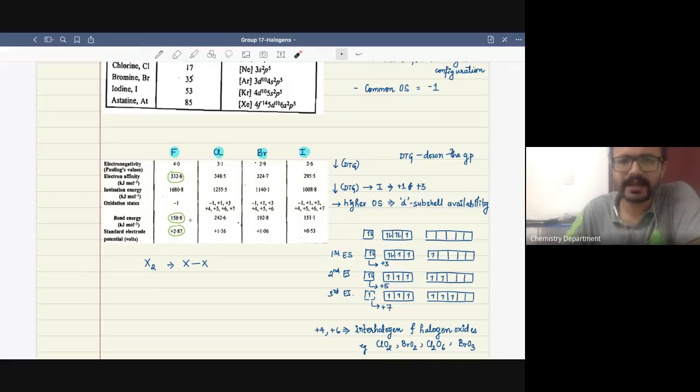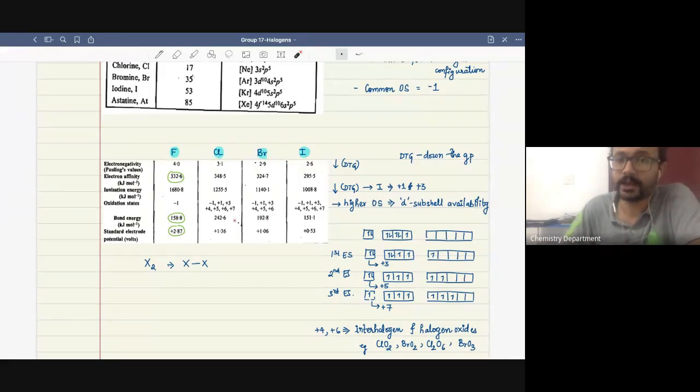But in fluorine, the decrease in bond energy is very significant, which is opposed to what we would expect. As we know, the bond energy decreases down the group because the size of the atoms becomes bigger and bigger.